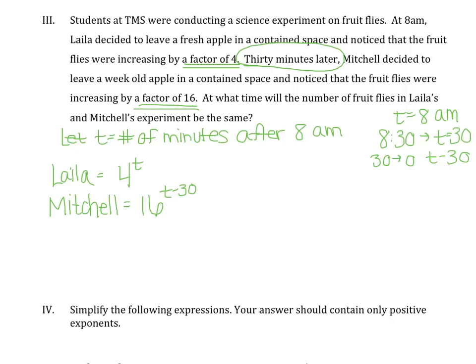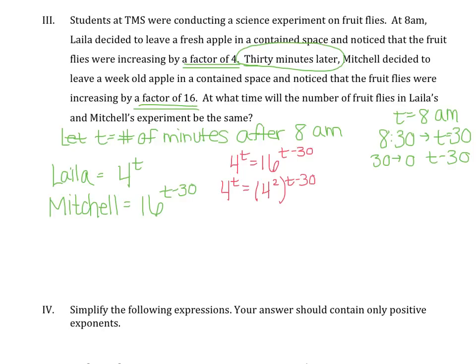Next thing is I want to know at what time the number of fruit flies will be the same. So I want to know when 4 to the power of t equals 16 to the power of t minus 30. I can see that 16 can be a power of 4. So I'm going to have 4 to the power of t equals 4 squared to the power of t minus 30.